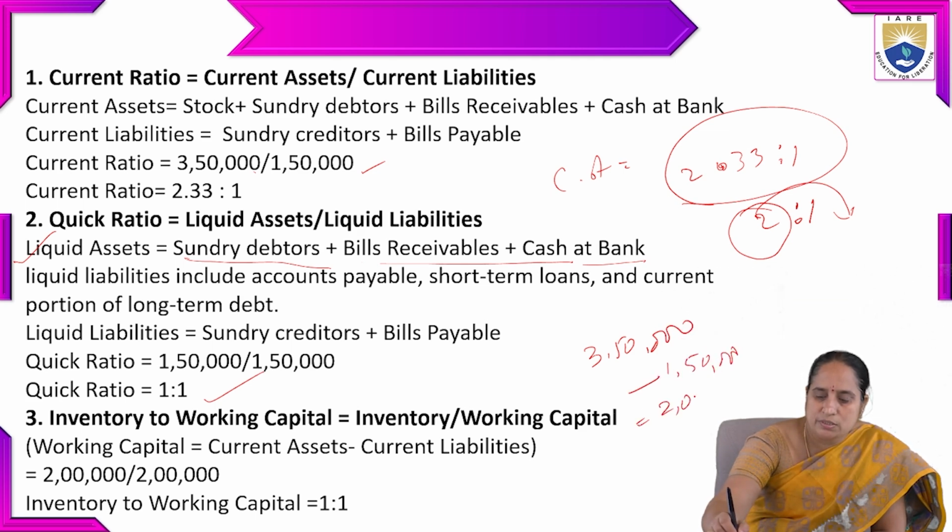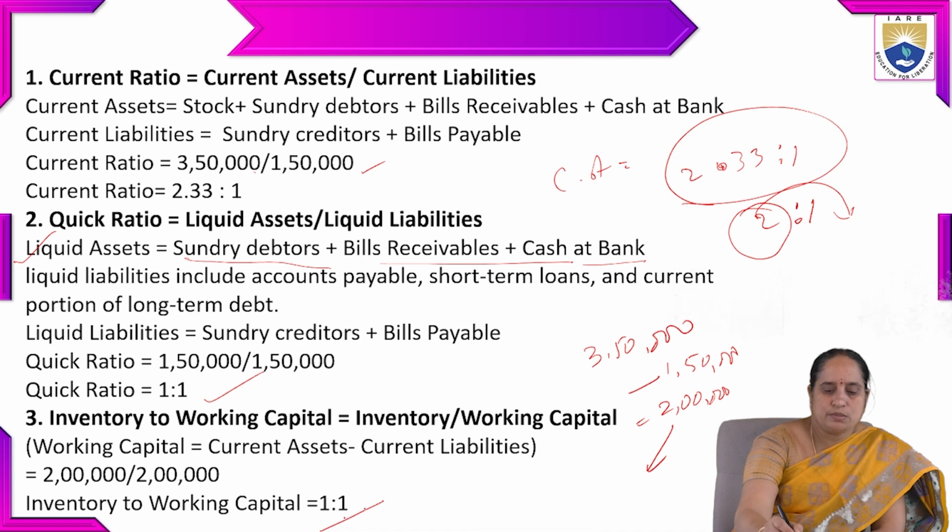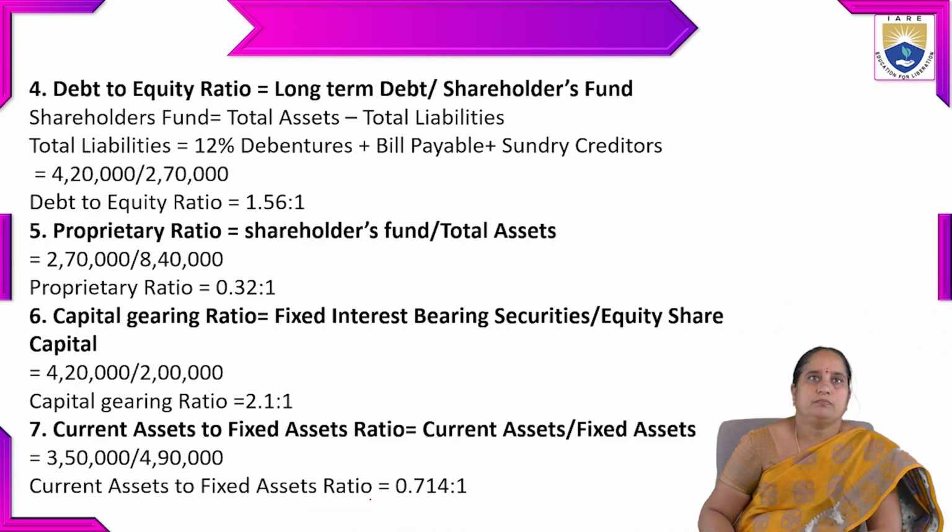The difference between these two is our working capital. Inventory given in the problem is 2 lakhs. So 2 lakhs divided by 2 lakhs, our inventory to working capital is 1 is to 1 ratio.